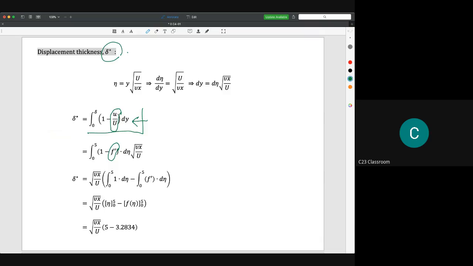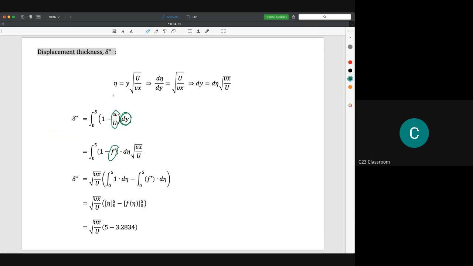It is because if we replace the u over U here with f, the value of f is in terms of eta, but this equation is in dy. So we need to do some modification.